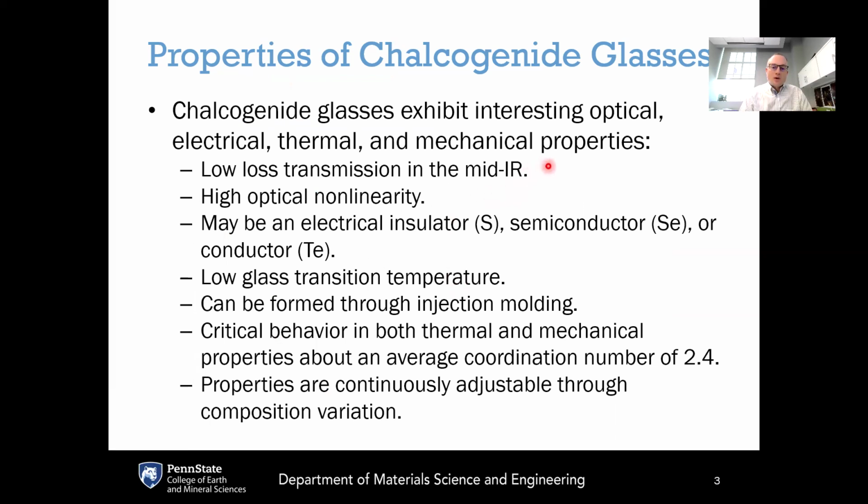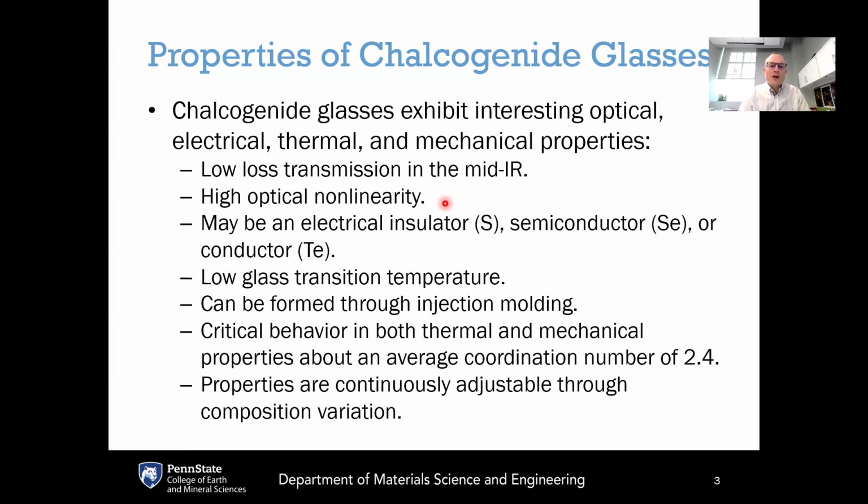Probably the most important property of chalcogenide glasses is that they have low loss optical transmission in the near and mid infrared wavelengths. And the larger the atoms that you use, the longer the wavelengths that you push out this low loss transmission window. In addition to their low loss transmission in the infrared, they also have a high optical nonlinearity in the infrared.